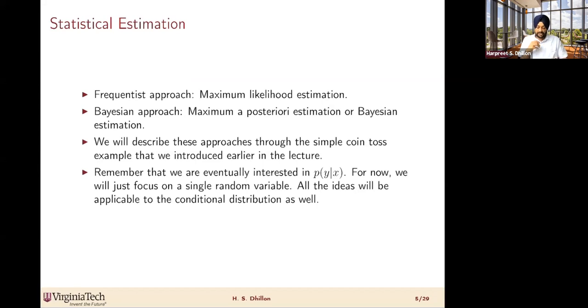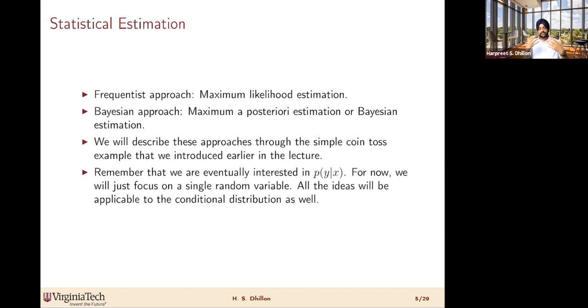In statistical estimation, we often look at two types of estimators: the maximum likelihood estimator, which is the frequentist approach, and the MAP estimator, or Bayesian estimator, which is the Bayesian approach. We are going to look at both of them. I'm going to describe the basic ideas over the next few minutes using the simple coin toss example that we introduced a couple of slides back.